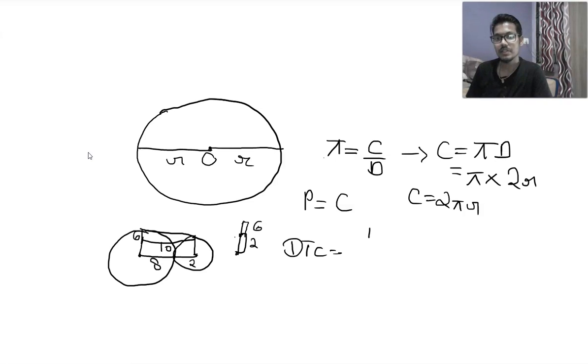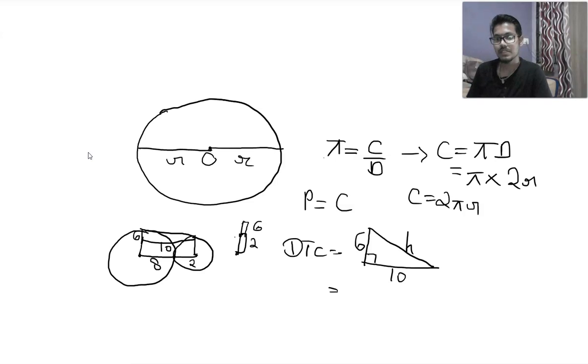If we assume the figure, we can draw it like a right angle triangle. Here the perpendicular side is 6 centimeter and the base is 10 centimeter, and now we have to find the hypotenuse.